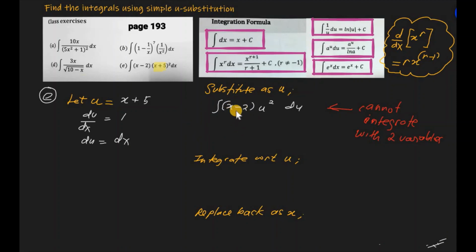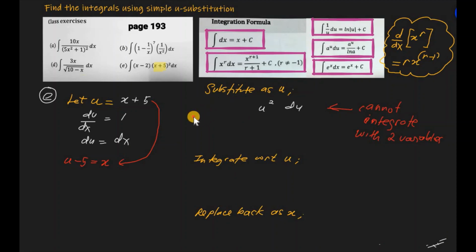So let's replace it further. We need to replace this x. So where to get the x? We get it from this notation. So what is x? We're rearranging it. X is u minus 5. You need to replace it. So let's replace it further before we integrate.